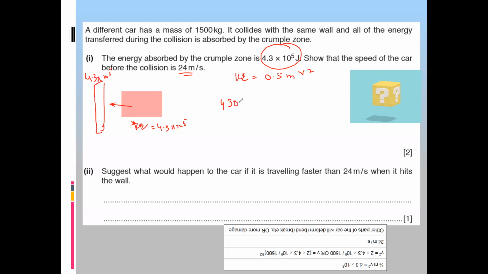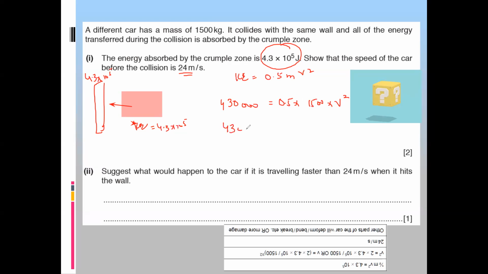So this is 430,000, not 450,000. That is 0.5 multiplied by the mass, 1500, multiplied by v square. 1500 multiplied by 0.5 is equal to 750.